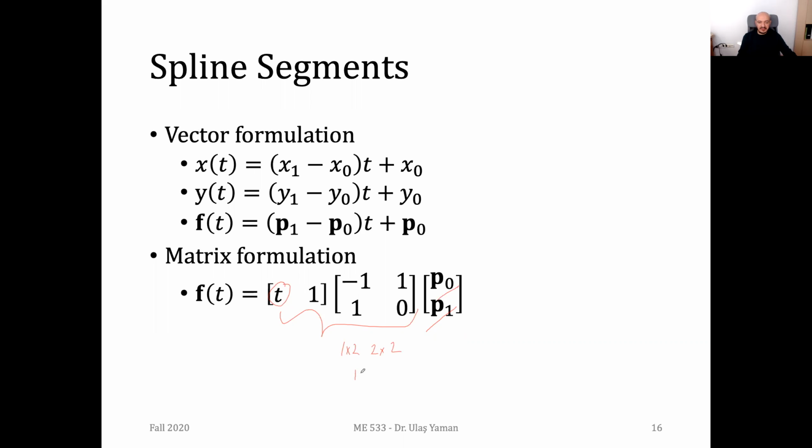So at the end, we will obtain a 1x2, and finally you will multiply with P0 and P1, which is 2x1. So at the end, we're going to have a single, let's say, 1x1 result, and that will be the representation of a specific point when t is equal to some value.